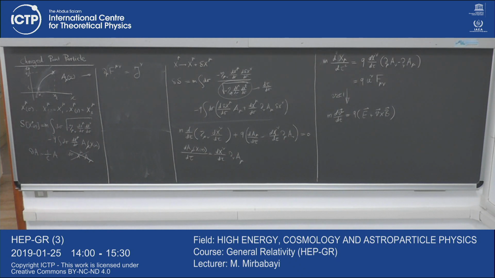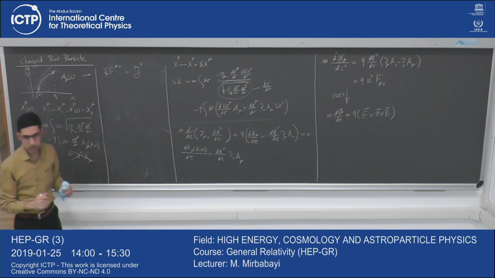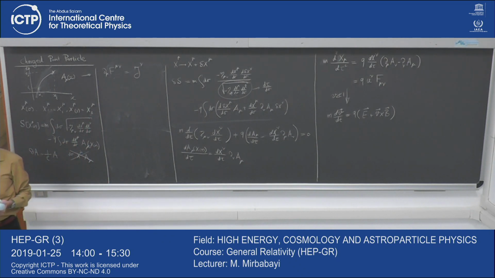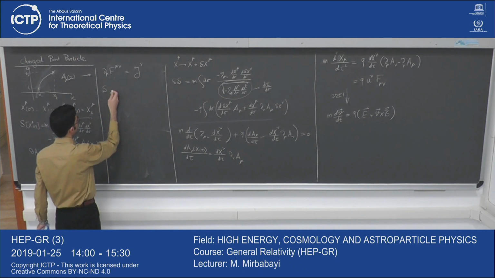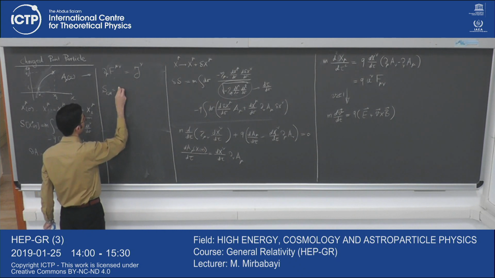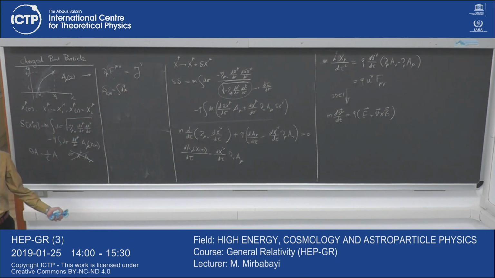We derive it using the fact that these Maxwell equations can be derived again by writing an action for the electromagnetic potential A mu. So what is that action? That action is just the Maxwell action. Now we are talking about the field which lives on the space-time.